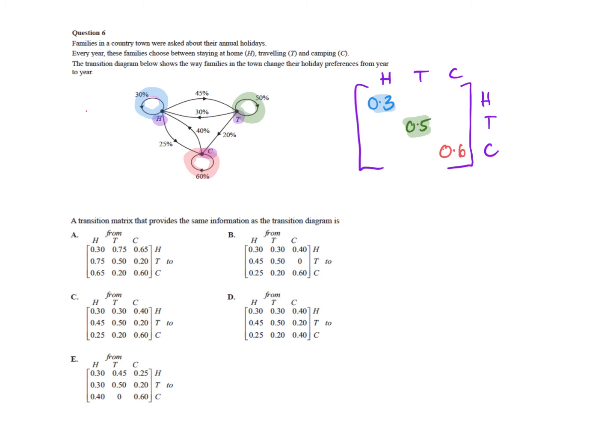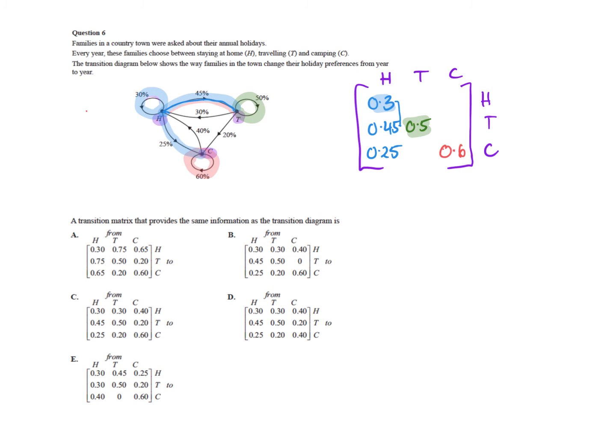So I'll start at H. If I start at H and go to T, it's 45%, so this is 0.45. What I do at this stage is add them up in my head, and I'm at 0.75. So I'm hoping from H to C is 25%, because otherwise I'm reading this wrong. But that's correct. So H to C is 0.25.